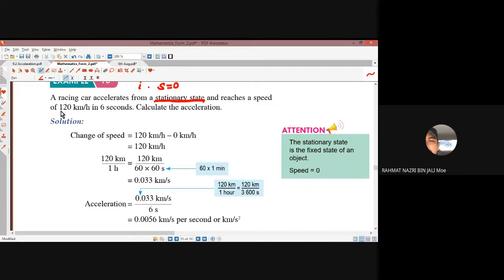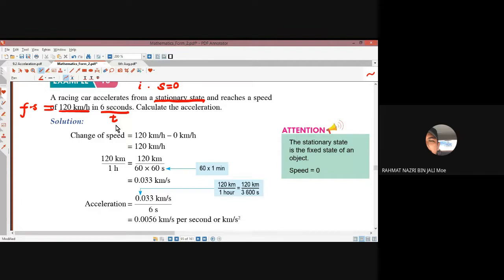So this becomes the final speed. Final speed is 120, and then the given time is in seconds, which is 6 seconds.